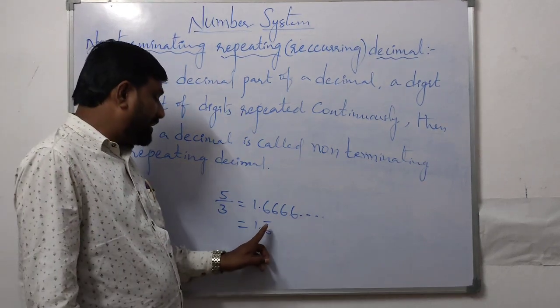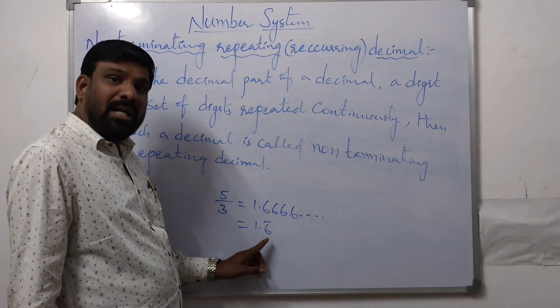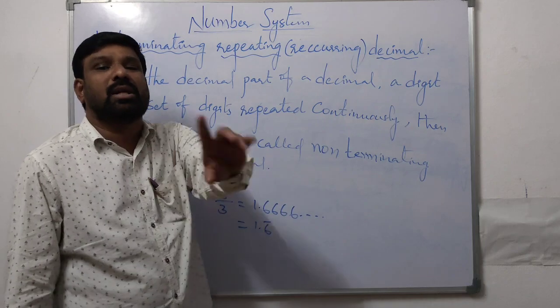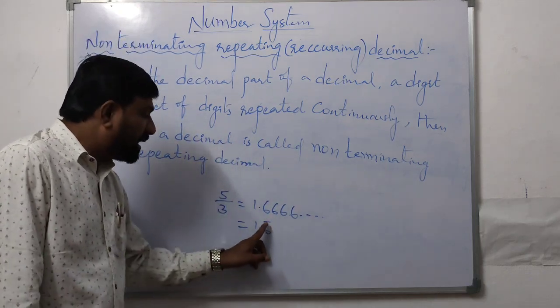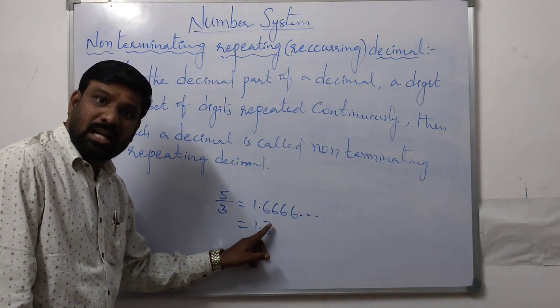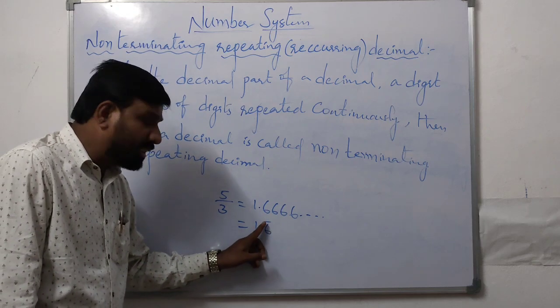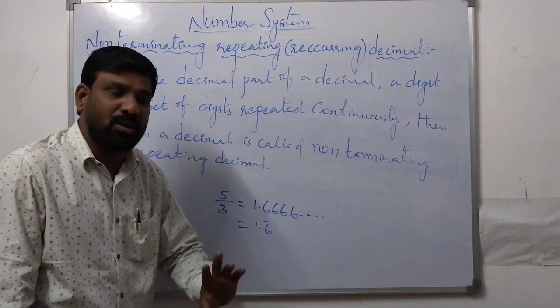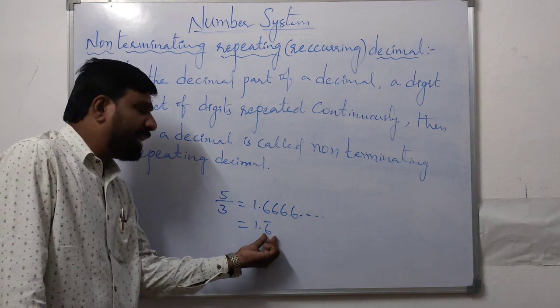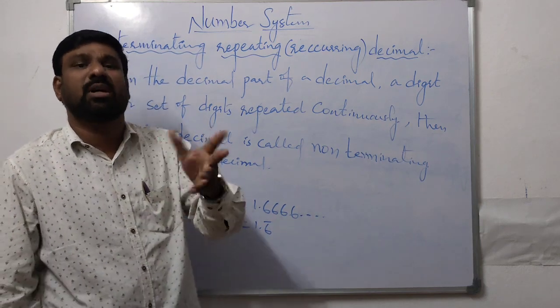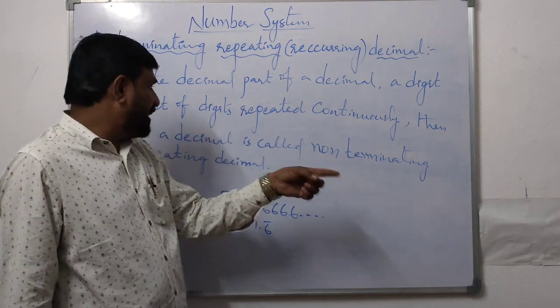This bar indicates that the number under the bar is repeating continuously. The line on top, the horizontal line, is called the bar. The number under the bar may contain 1 digit or 2 digits or 3 digits, whatever it may be. A digit or set of digits.